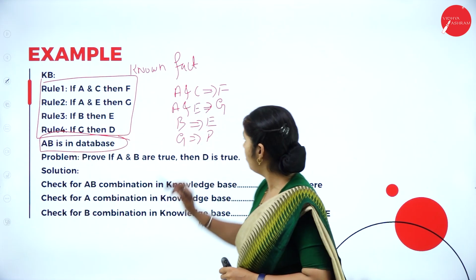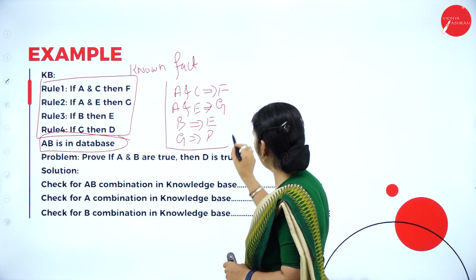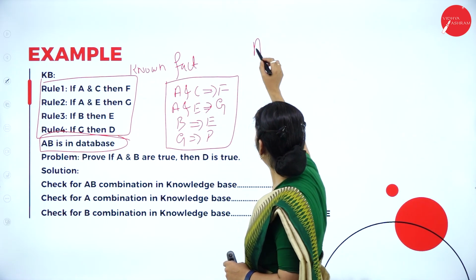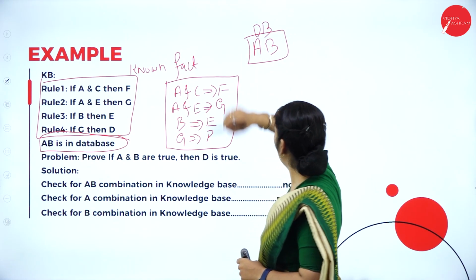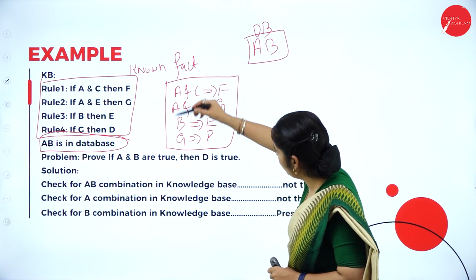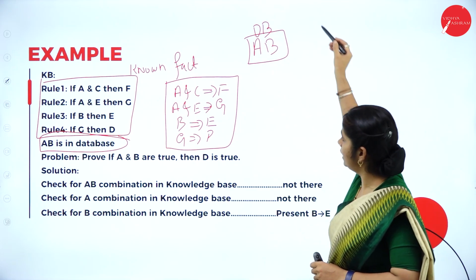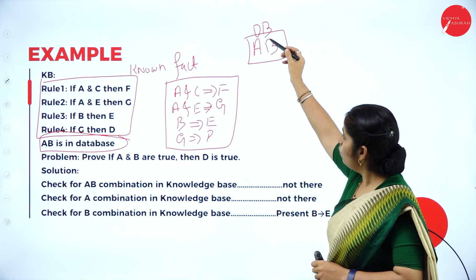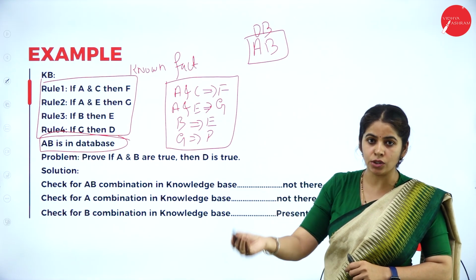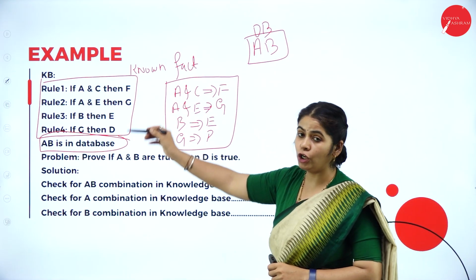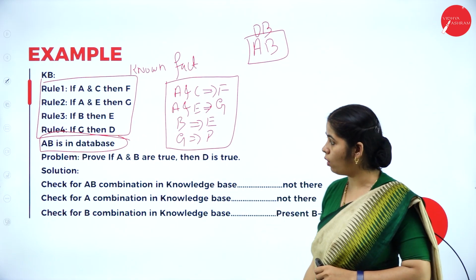The database is AB. This is the known fact, only AB is in the database. Using this known fact and the data provided, we have to form the new database and update that data. That is how we can do it using forward chaining.